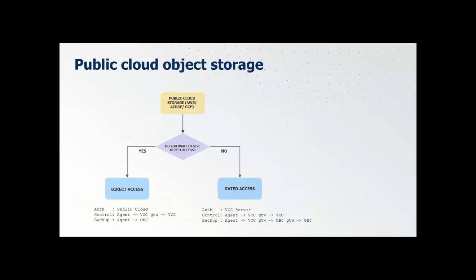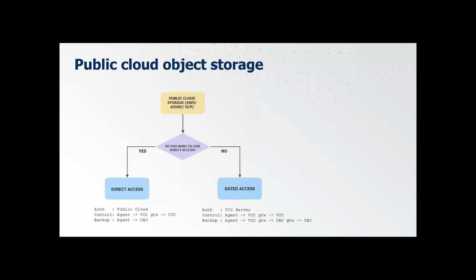So let's start with public cloud storage. Some end users and also some service providers may want to use object storage not running as hardware in their own premises, but consume public cloud storage, say AWS, Azure, Google Cloud.